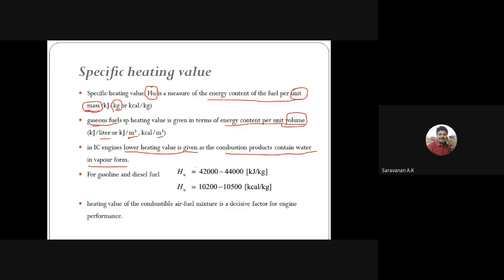The 42,000 to 44,000 is for the gasoline and it is for the diesel too. For the diesel, the specific heat value will be less compared to the gasoline values. So the heating value for the combustible air-fuel mixture is a decisive factor for the engine performance.